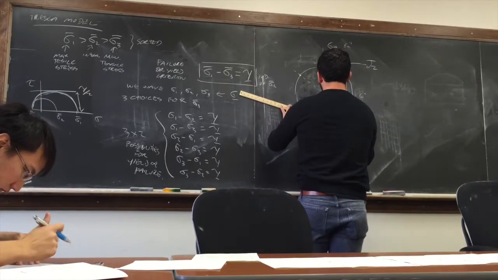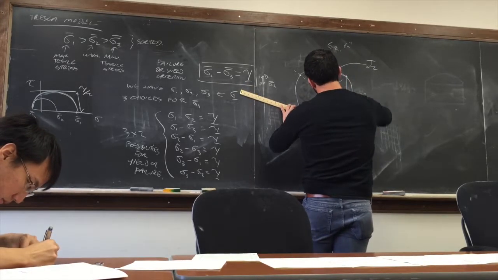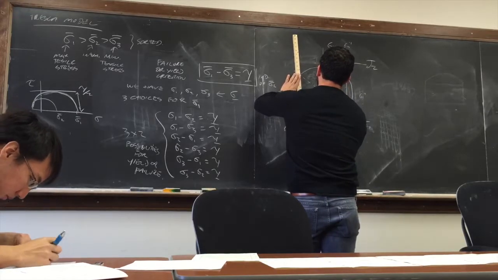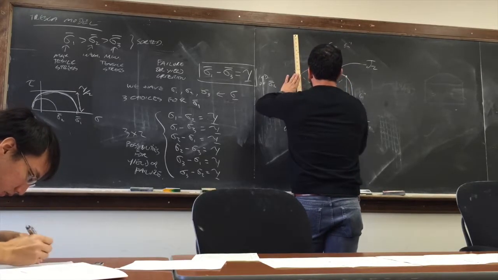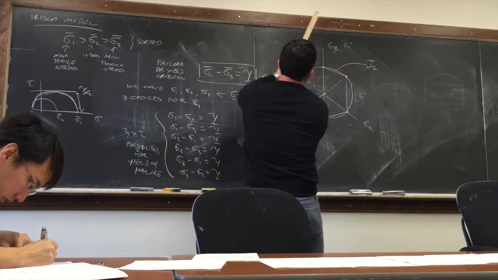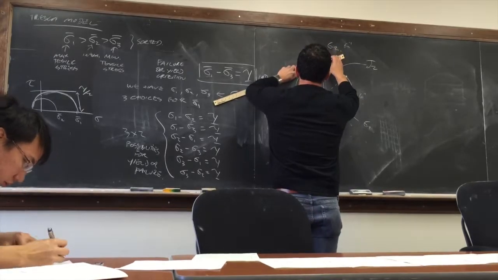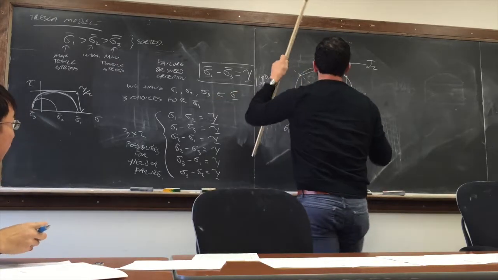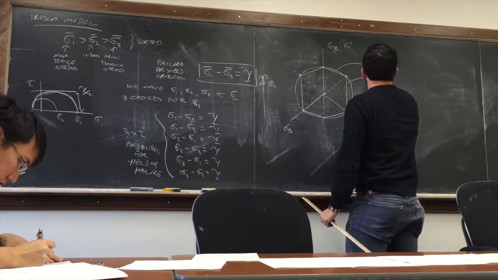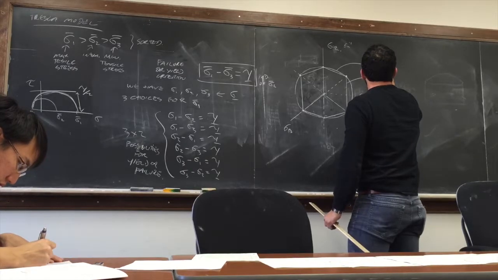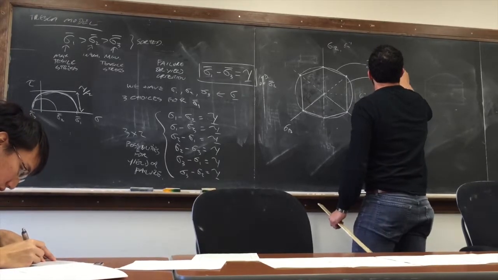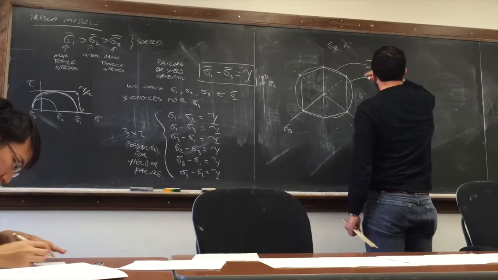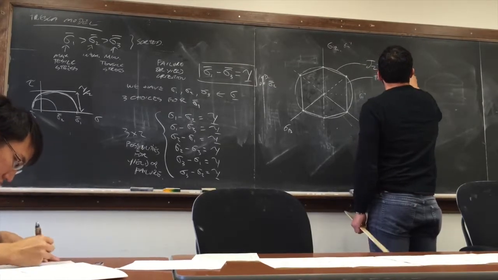Here's the other one. Here's the other one. Here's the other. It's a hexagon. It's been a bit distorted. It's a hexagon. This is Tresca. So this is a circle on this plane. This is a hexagon.